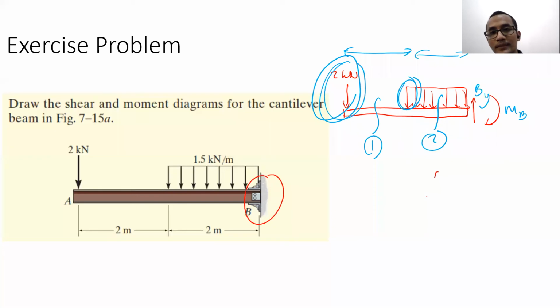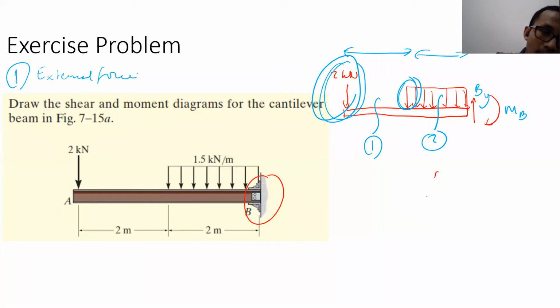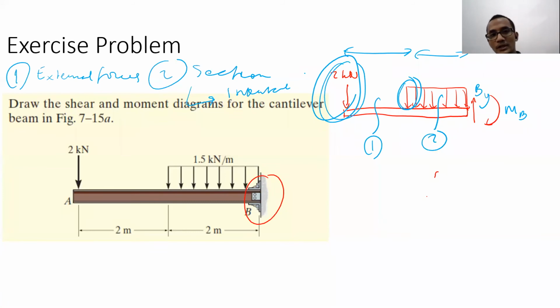So before we find the internal forces, we have to make sure that we have all the external forces. That's the first rule, Sabina. So By and MB, we have to solve first before we can do the section. Remember, first we solve for the external forces before we can do the section to solve for internal forces. Okay, Sabina? Yes, sir. Now, how to find out for By and MB?